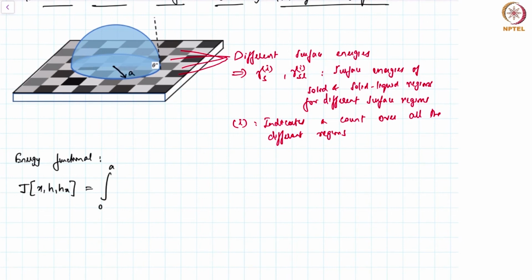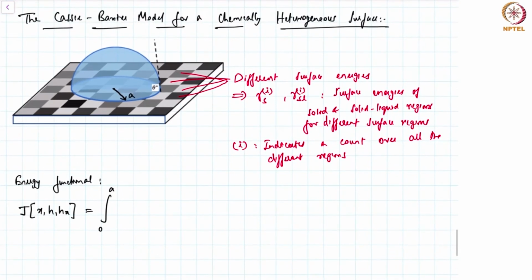This is a smooth solid surface. I should emphasize that we are talking about a chemically heterogeneous smooth surface, so we will not take undulations into account. At this point, we have 2 pi gamma x times root of 1 plus hx square. This is the contribution from the droplet-air interface. So this does not change.